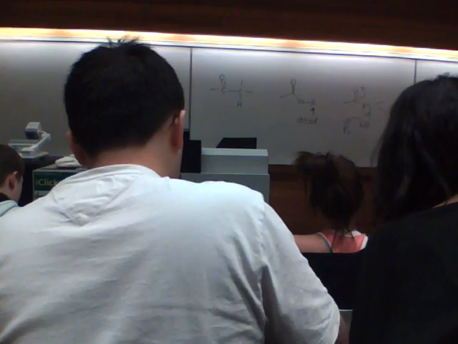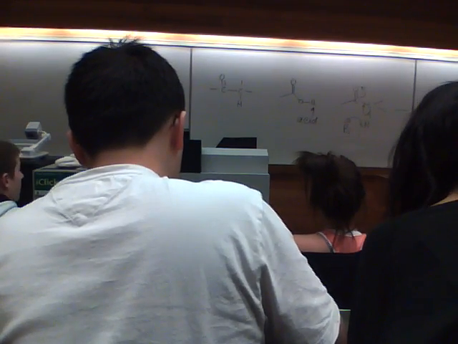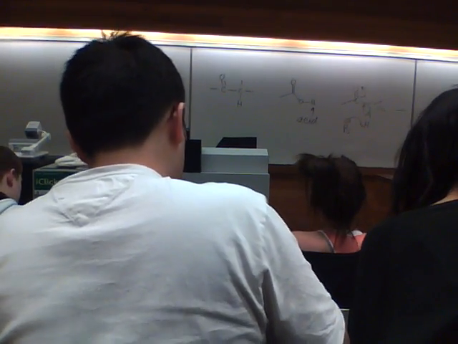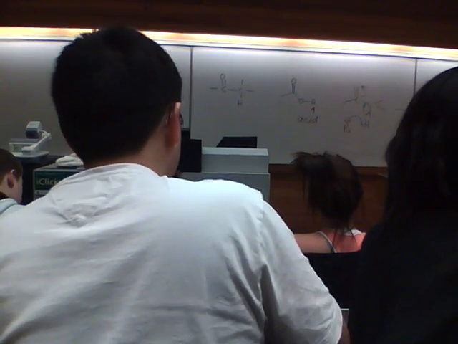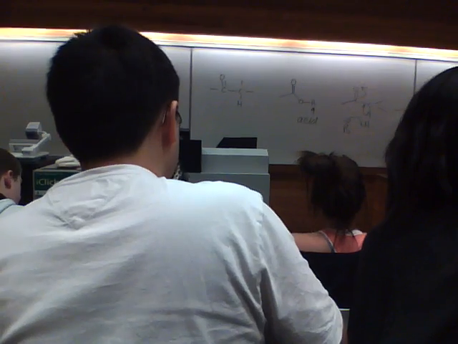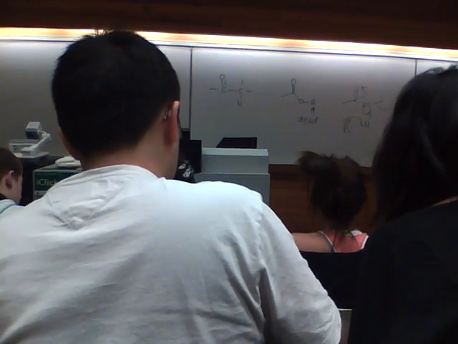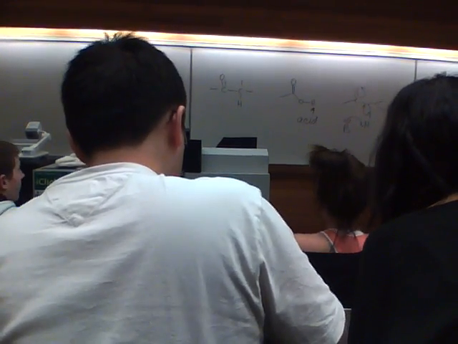And you can write a couple of resonance structures for the enolate. You can put the negative charge on the carbon, or you can put it on the oxygen.